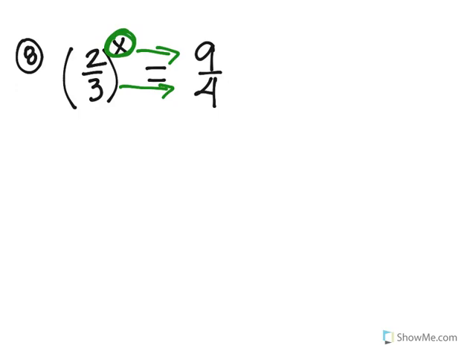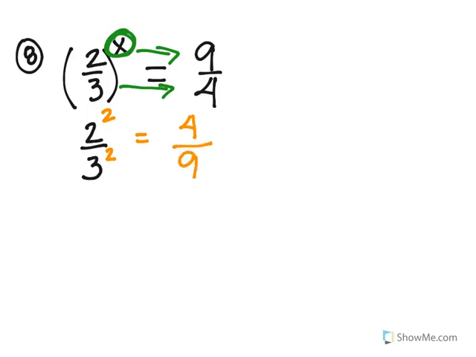So I need to think, if I'm given 2/3, how do I get a 9 and a 4? Well, obviously, I would need to raise 2 and 3 to the second power. If I do that, 2 to the second power is 4. 3 to the second power is 9.